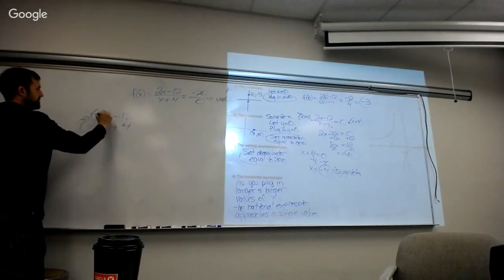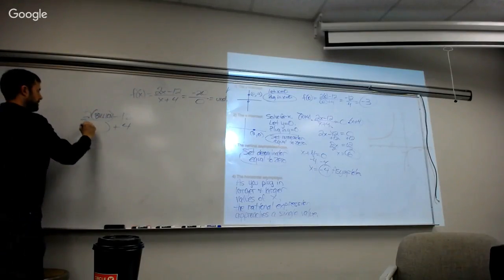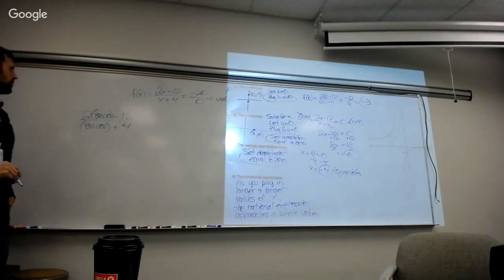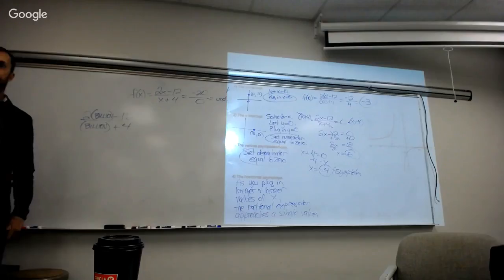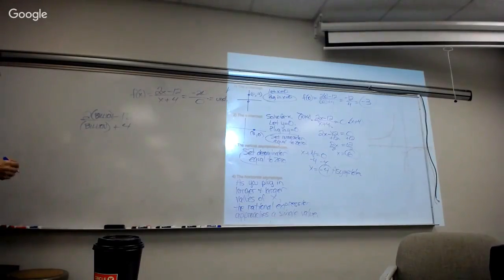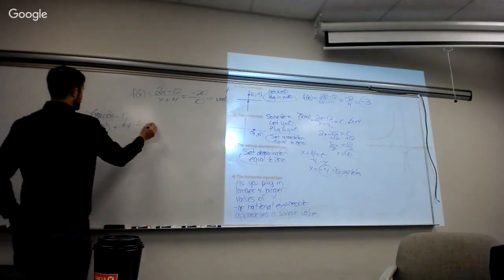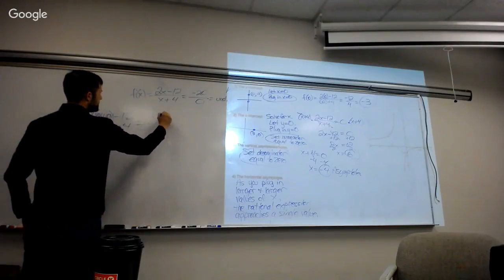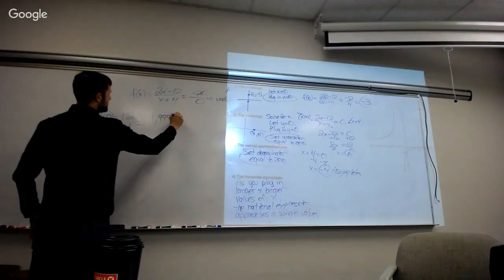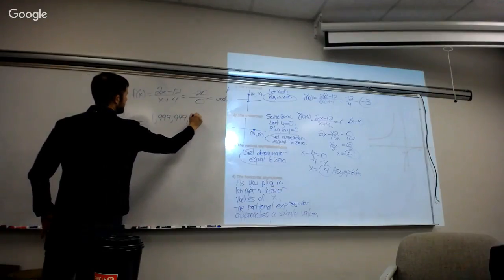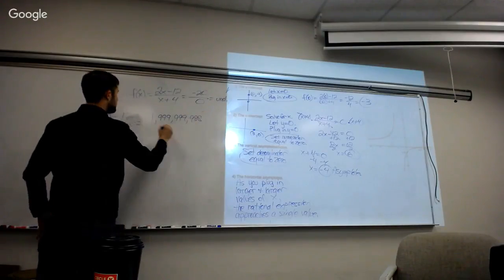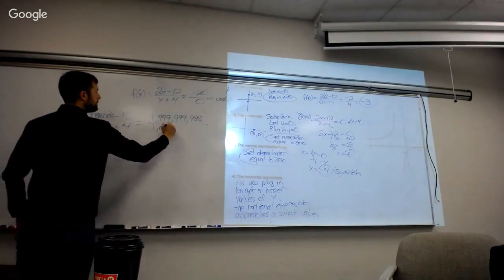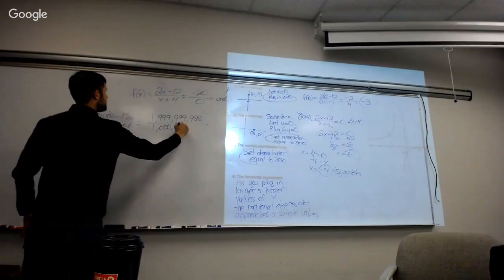Is 1 billion a fairly large number? Yes, I think it is. So what's 2 billion minus 12 versus 1 billion plus 4? Let's look at that. 2 billion minus 12 is 1,999,999,988, all over 1 billion and 4.